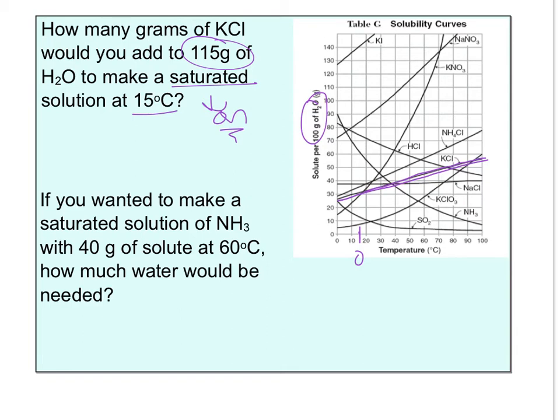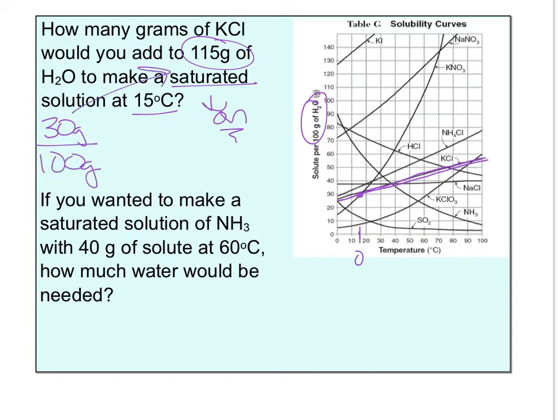So this is what we're going to do. I can figure out on my graph how many grams of solute I would need to add to make 100 grams of water saturated. If I'm going on the line here, that would be right at about here. So with 30 grams in 100 grams of water, that would be saturated.